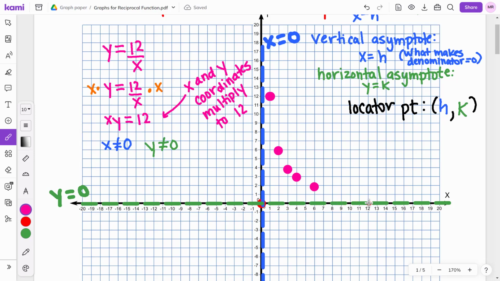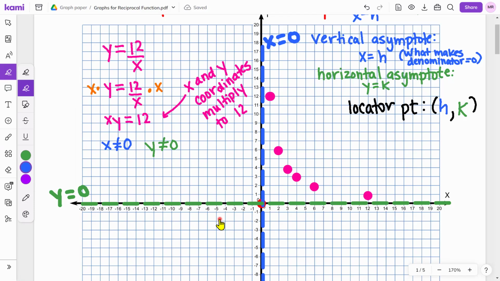The next one I'm going to do is 12, comma, 1. Those multiply to 12. And so this is going to be one part of my graph. It's going to be 2 branches. This is going to be one part of my graph.